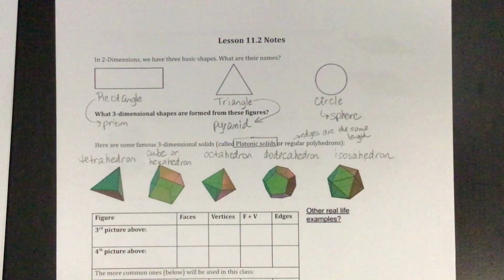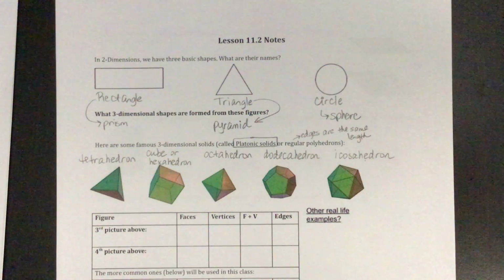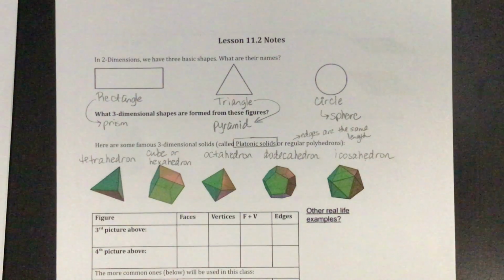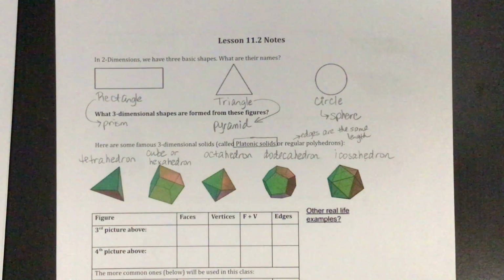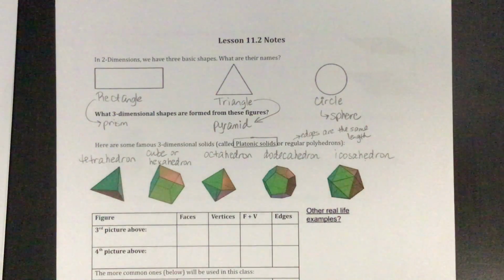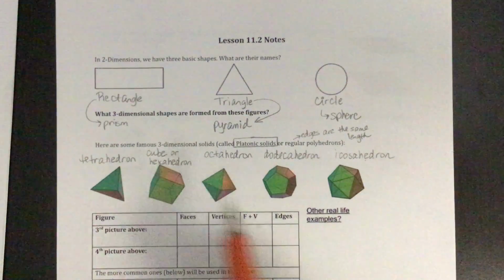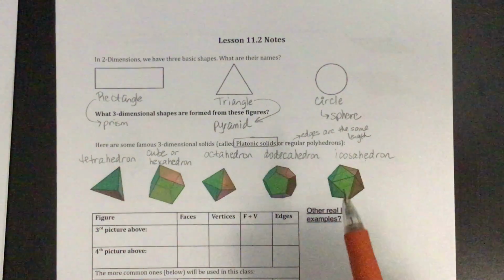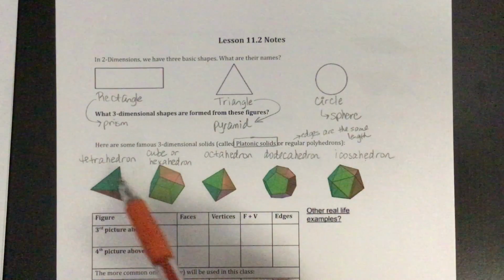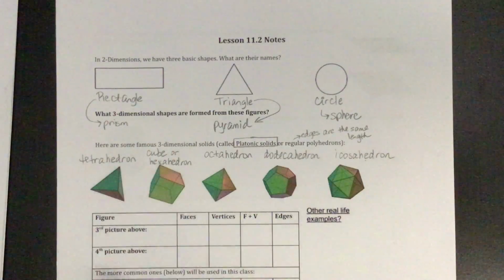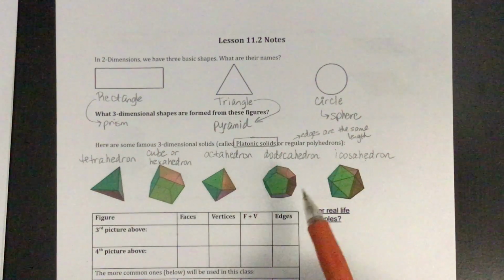Now at this point, if you don't have your vocab for 11.2 nearby, you might want to pause and grab it so that you can be referring to that as we start talking specifically about these things. By the way, these three-dimensional solids, I've included their technical names. You don't have to know those by heart. If we wanted you to know those, they'd be in your vocab, but I put them there just in case that's something you'd be interested in.